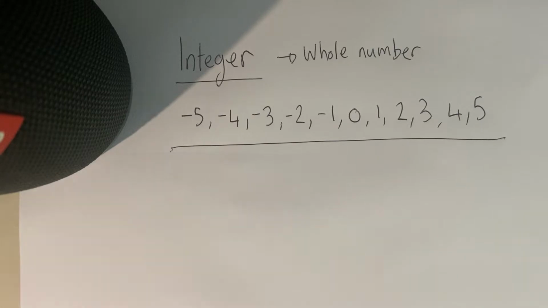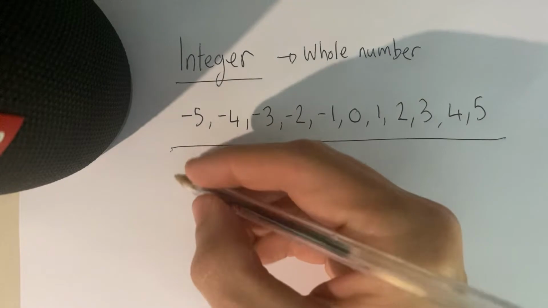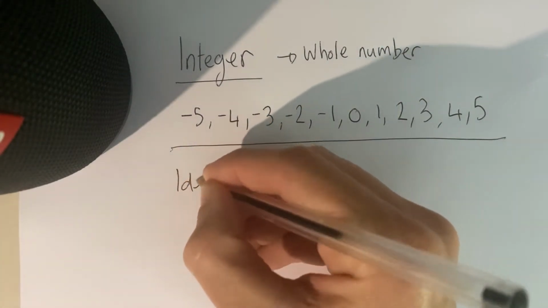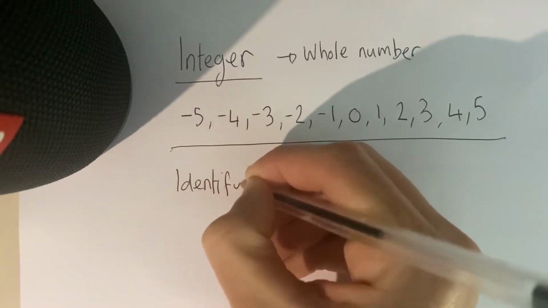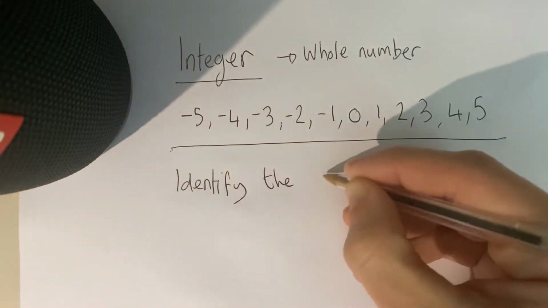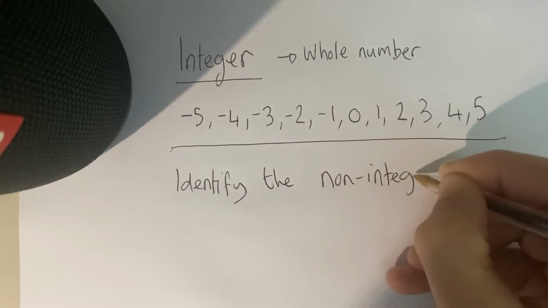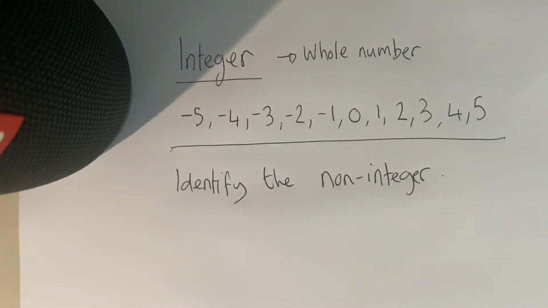What I'm going to do now is write down a collection of numbers, and I want you to see if you can identify the non-integer. So I'm going to write down some numbers.